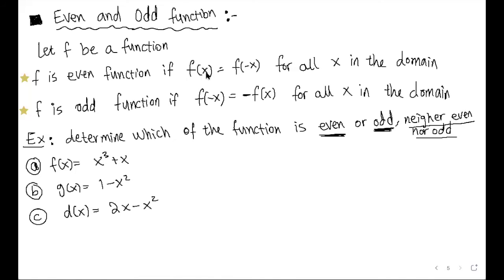The condition says we have to check: is f of x equal to f of minus x, or is f of minus x equal to minus f of x? So let me explain more how we can do this one. My function is f of x equal x cubed plus x.